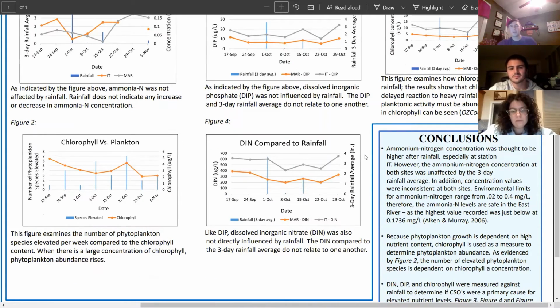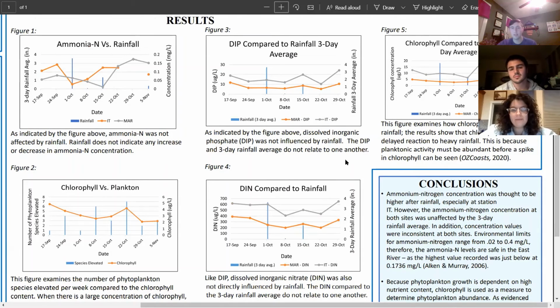Right on. Figure 4 compares DIN to rainfall. DIN is very similar to DIP, in that DIN was not directly influenced by rainfall.